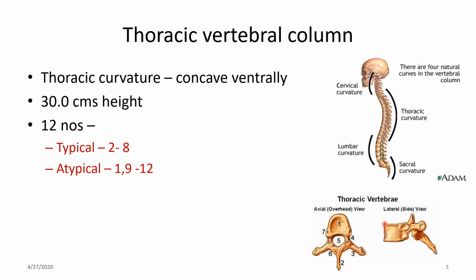This is the side view of the thoracic vertebra, where you can see the body and the facets for the ribs on the lateral surface of the body, and the transverse process showing the impression or the costal facet for the tubercle of the rib, and this is the spinous process, and you are seeing the articular process, superior articular process.